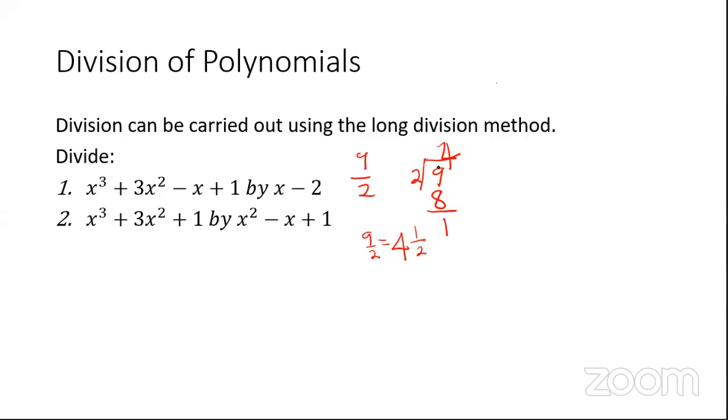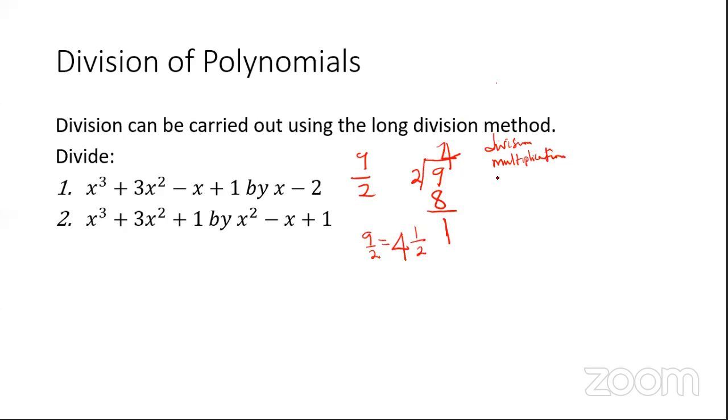The first thing is that we divided: how many times can 2 go in 9? That is division. We say it is 4 times. The next thing is 2 times 4, that is multiplication. Then 9 minus 8 is 1, that is subtraction.